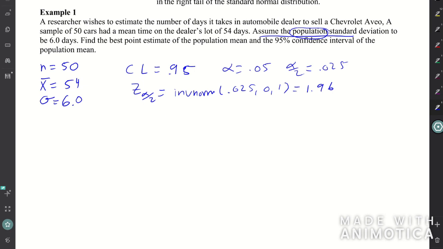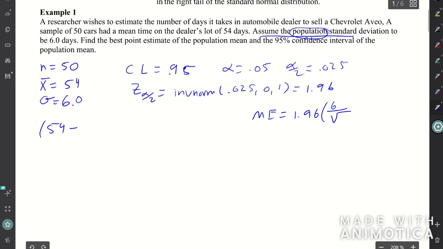Then applying this to our formula, we're going to take our x bar, so 54 minus, well, let's find our margin of error first. Our ME, 1.96 times 6 divided by the square root of 50. Now that is going to give me a 1.7.